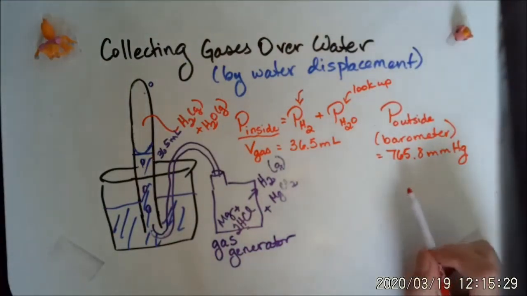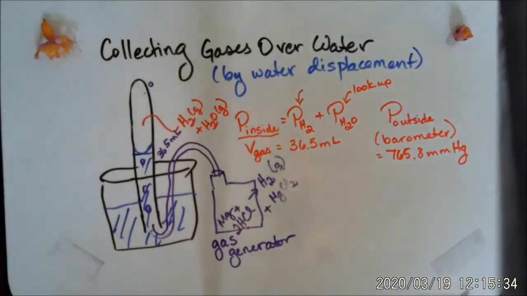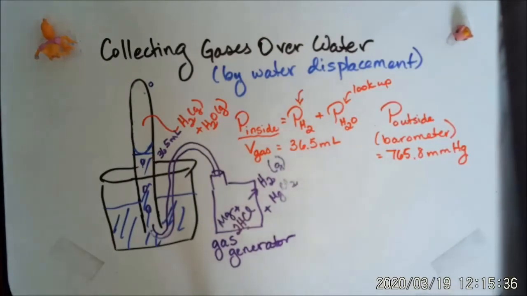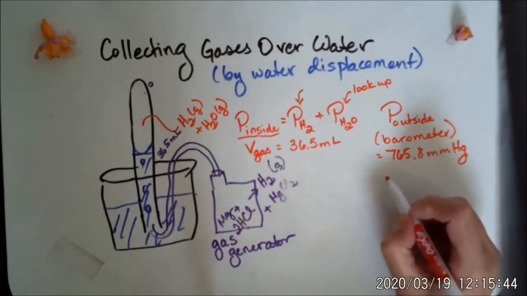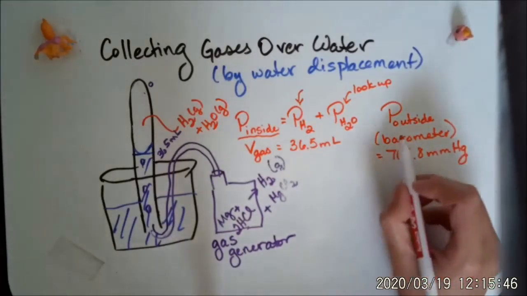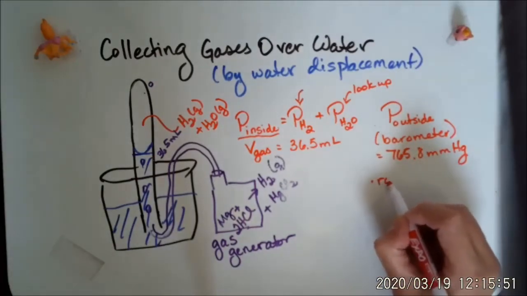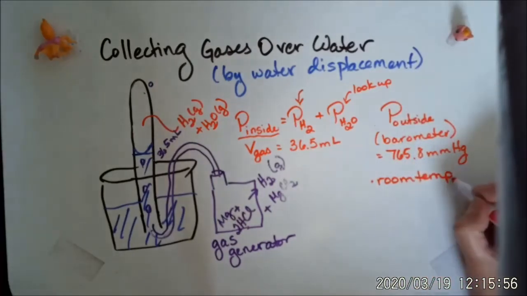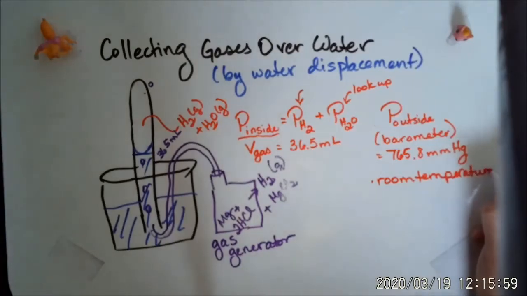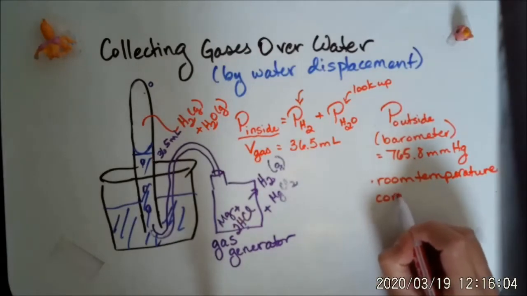Okay, you would basically look at the top and you would correct it. Okay, so basically, if you corrected it, you would look at your mercury vapor pressure in the table in your lab packet. Okay, so suppose this is already corrected. Okay, if it's not, then what you're going to do is you're going to look at the room temperature on the barometer. Okay, and then you're going to do the correction table.